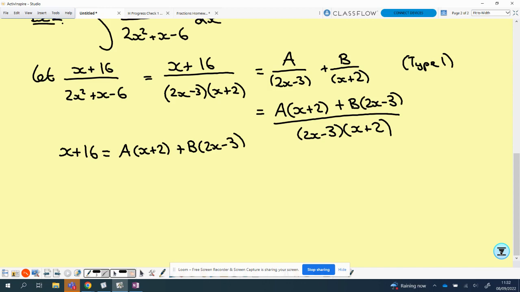Okay, now we're going to pick some x values to work out our values of A and B. So let's first of all let x equal negative 2. That'll cancel the A term. So on the left hand side I'm going to get 14. A will vanish. So 2 times negative 2 is going to give me negative 4. Take away 3, that's negative 7. So that's negative 7 lots of B, which tells us that B is negative 2.